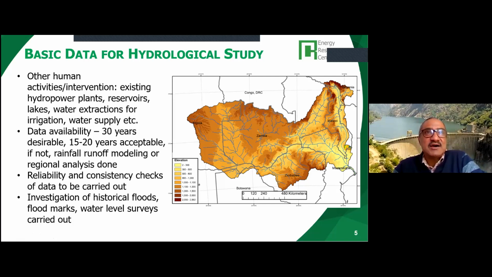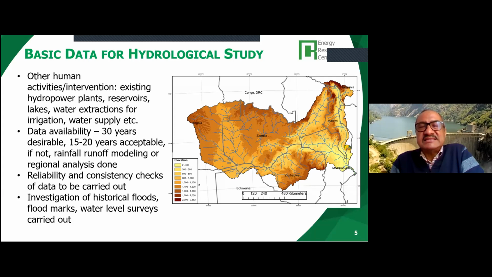Normally, data available should be 30 years desirable. But most, especially mini hydropower projects, which are located in remote areas, do not have that many years of data, and they say 15, 20 years is acceptable. Even if you do not have those data, then you can use models, which are known as rainfall runoff models, or you can use regional analysis.